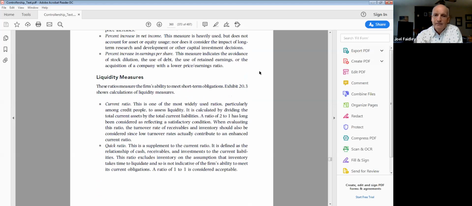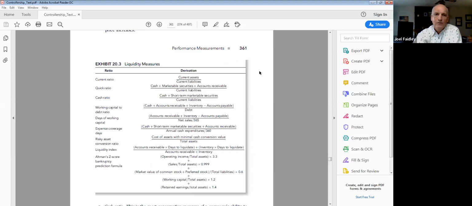What about liquidity measures? Current ratio, quick ratio, remember the difference in those? Current is current assets divided by current liabilities. Solvency is another term there, liquidity. I like to use the term solvency because it sounds like what? You might be in trouble. And then the quick ratio typically just backs out inventory for reasons we've talked about before. There's a list of those liquidity measures on page 361. The one they don't have here is one that I always talk about in 2020 and 3020, working capital. Working capital is defined as current assets minus current liabilities.